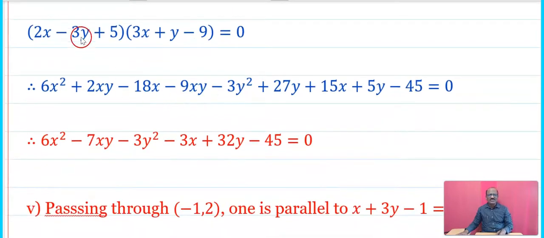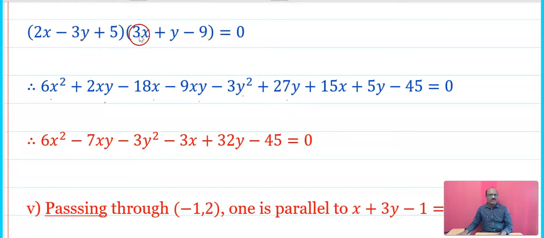Now the combined equation: 2x into 3x, you will get 6x square, 2x into y, you will get plus 2xy, 2x into minus 9, that is minus 18x. Next, minus 3 into 3x, you will get minus 9xy, minus 3y into y, minus 3y square, minus 3y into minus 9 plus 27y.